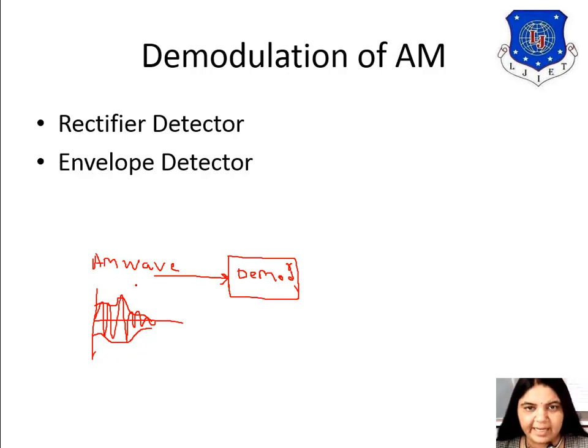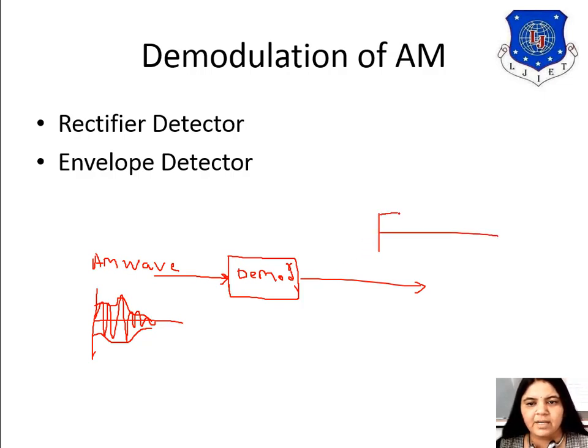So it's an AM wave applied to the demodulator. The output of this is the imaginary line, and that's nothing but your information signal.